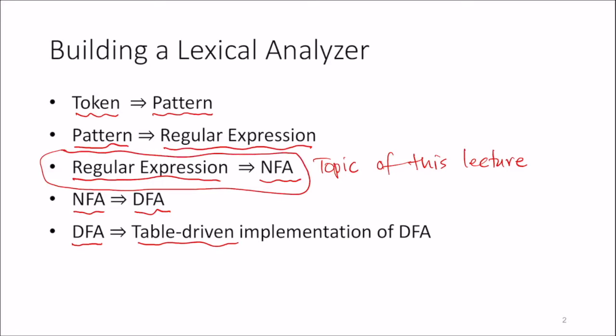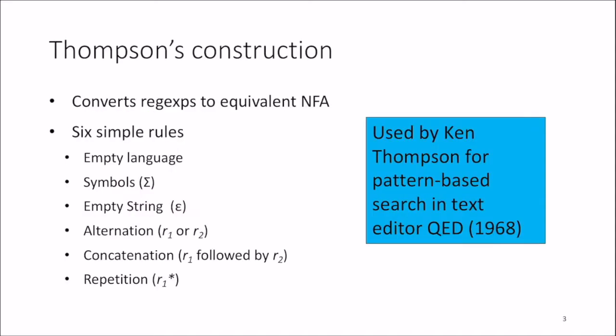If I have a regular expression, how do I convert it into an automata, in particular a non-deterministic finite state automata? We are going to use what's called Thompson's construction to do this conversion from a regular expression to an equivalent NFA. And there are 6 simple rules.